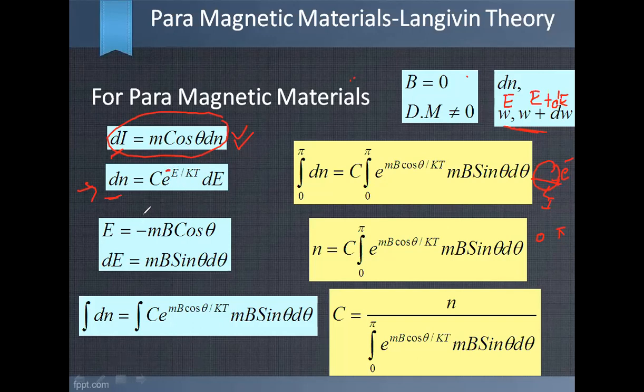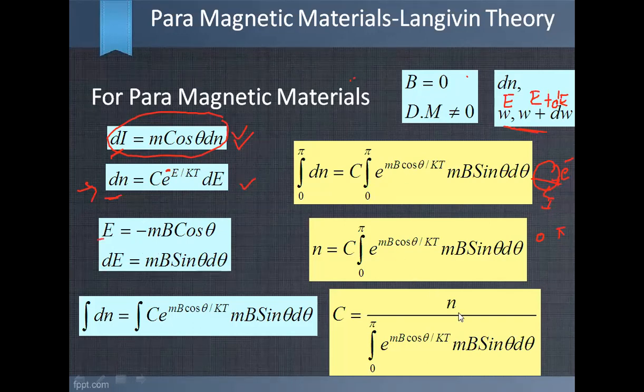I forgot to put the minus sign here. Did you complete this second step? Note down: dn is equal to C e power minus E by kT dE.